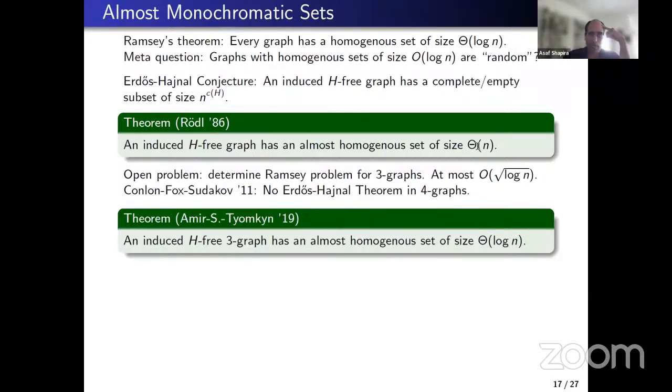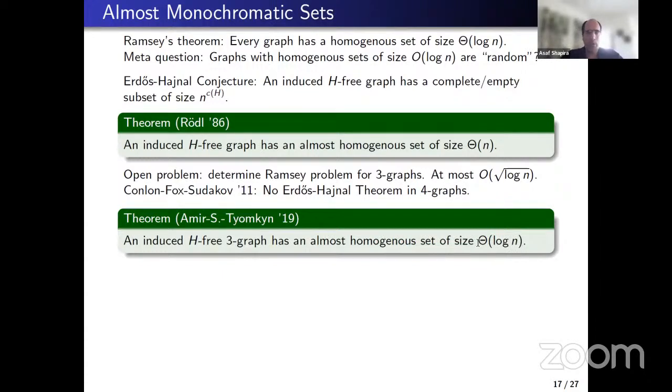But together with Amir and Tiomkin, we asked what is the analog of Rödl's theorem, and it turns out that the analog of Rödl's theorem is that if a hypergraph is induced H-free, then you can find an almost homogeneous set of size logarithmic in n.